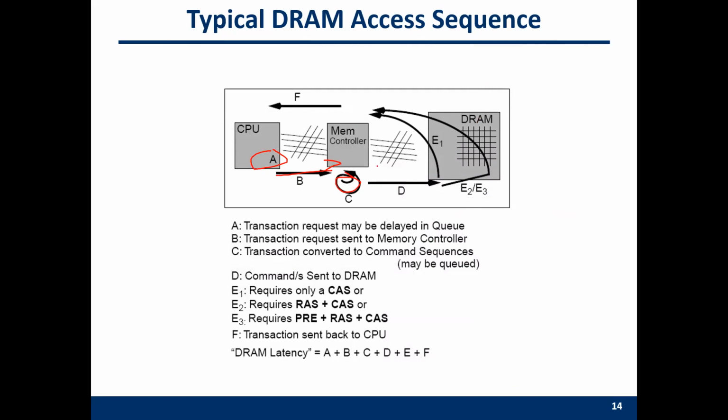And then the memory controller can activate one row of the DRAM. Second, the memory controller can send the column address to the DRAM so that the DRAM eventually will send a part of the row back to the memory controller. And then the memory controller will send the final data to the CPU. So you can see that latency should be calculated as the sum of the latency of all the steps here.